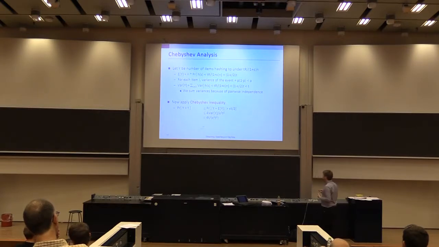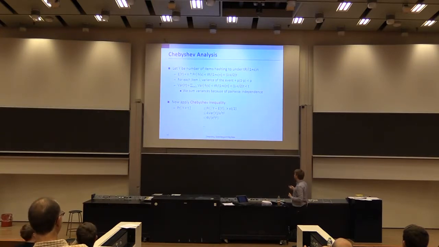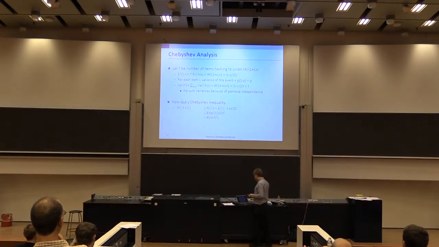We can plug in that what we then need is just the variance of y divided by the square of that value. And because the variance depends on t, we can just choose this parameter t large enough to make this probability go down to a constant.